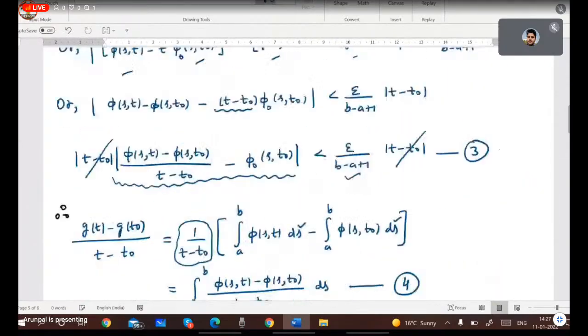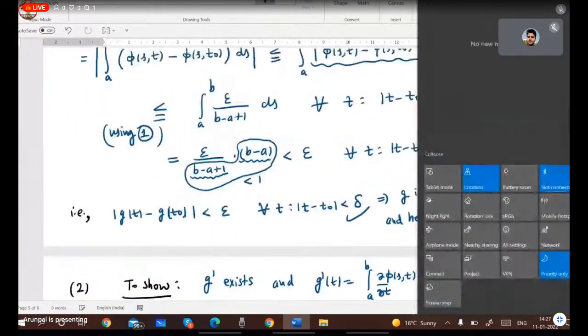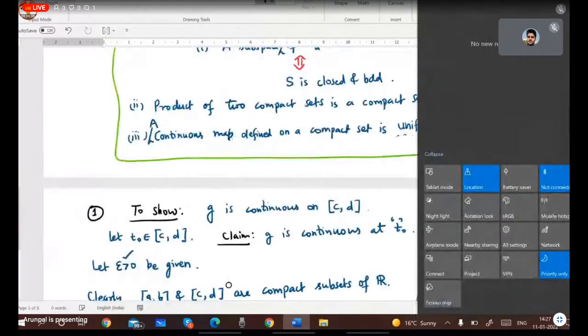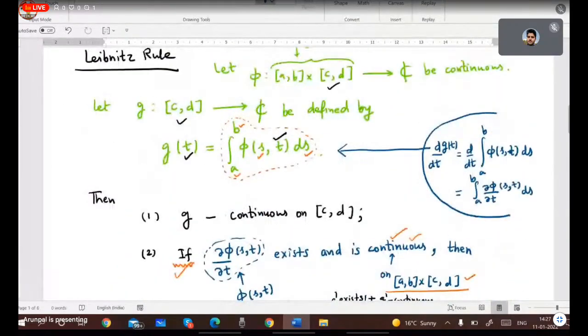See, what was part 1? This was part 1. If you have a continuous function here and g is defined like this, then g is continuous. So instead of phi, you take phi naught. You replace this phi by phi naught, and instead of g, you have g dash. Call that h.